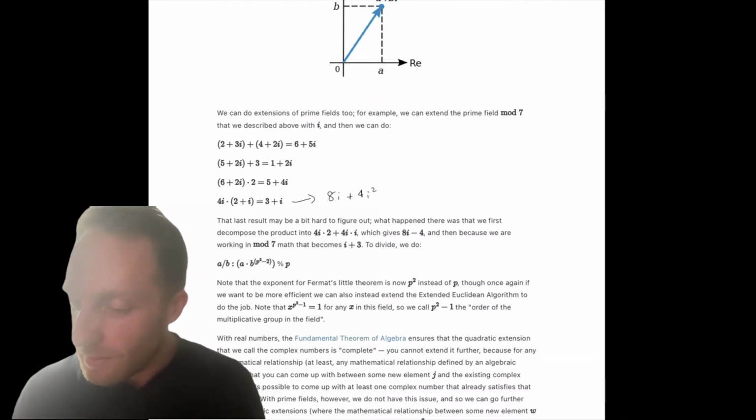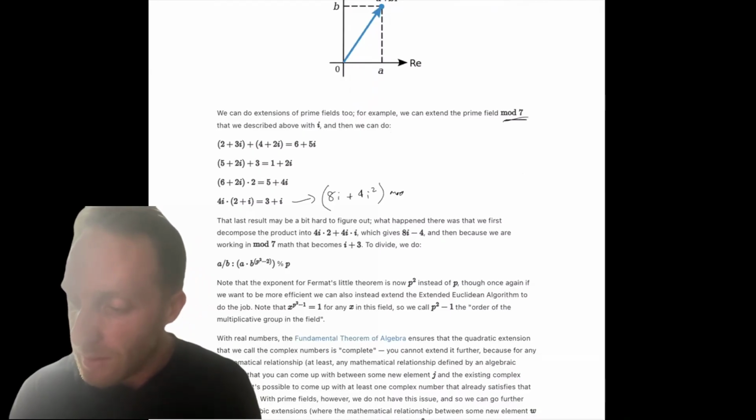And so, yeah, okay, he does mention this, and I can go quickly for those who are not used to it. Let's say, what is this, right? You're doing it coordinate-wise, so 8i plus 4i squared. All of this, we remember, is still mod 7.